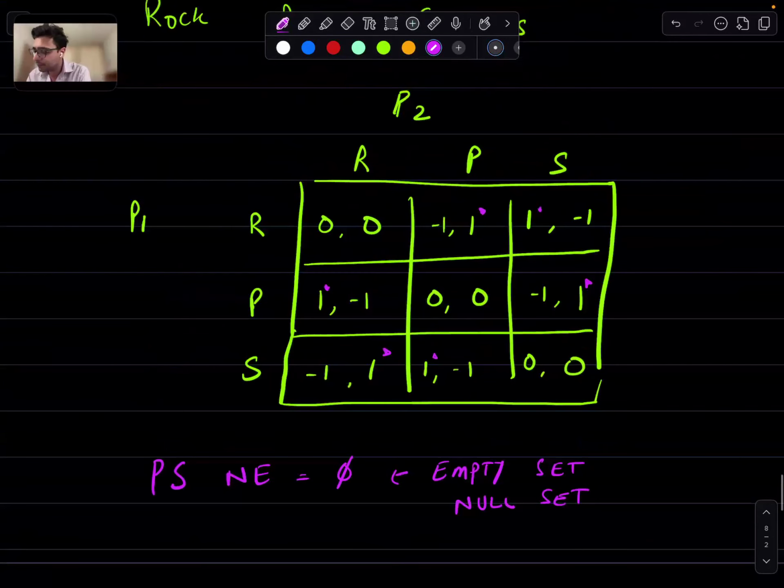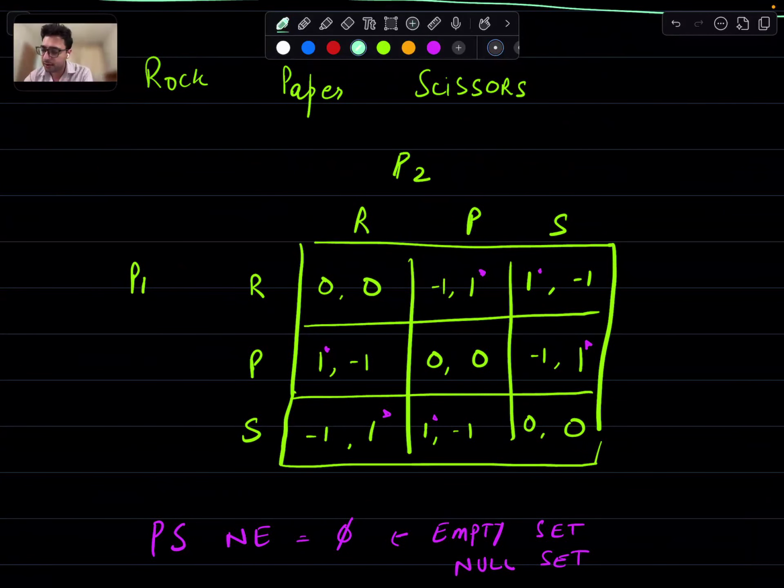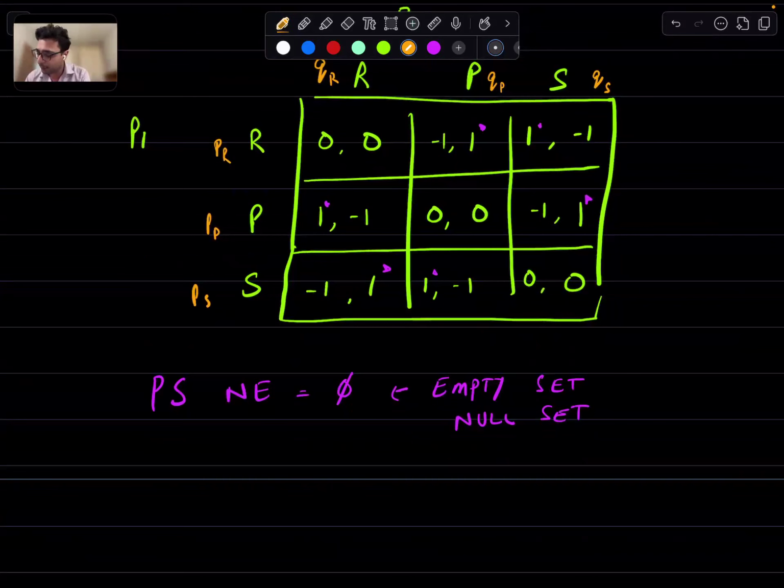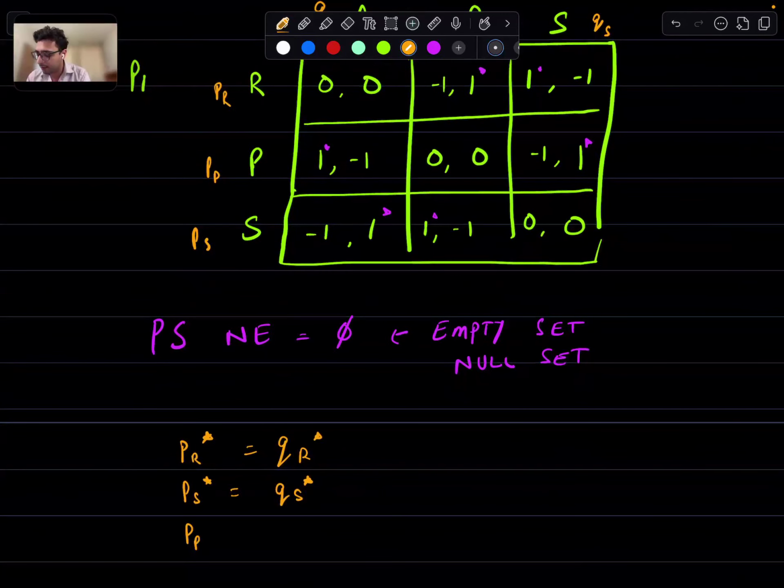So that must mean that if I assign probabilities PR, PP, PS here, and QR, QP, QS here, then in a symmetric mixed strategy Nash equilibrium, PR star has to equal QR star, PS star has to equal QS star, and PP star has to equal QP star.